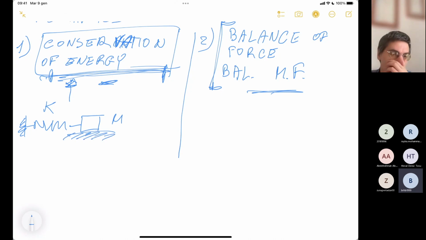I'm sure that you already saw this kind of simple model, in which you have a mass that you can, in this experiment, treat as a material particle, and a spring that connects the mass with the ground. That's all.